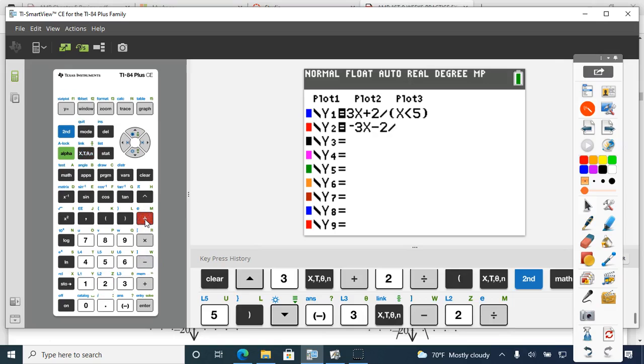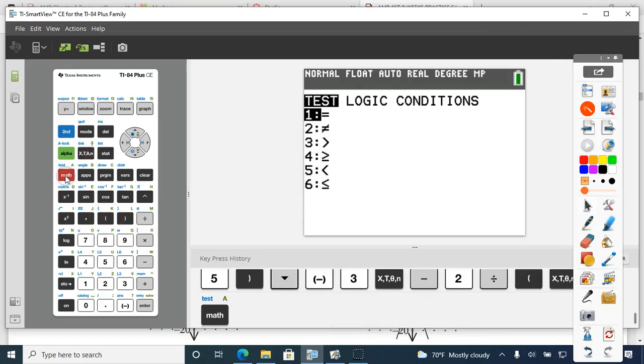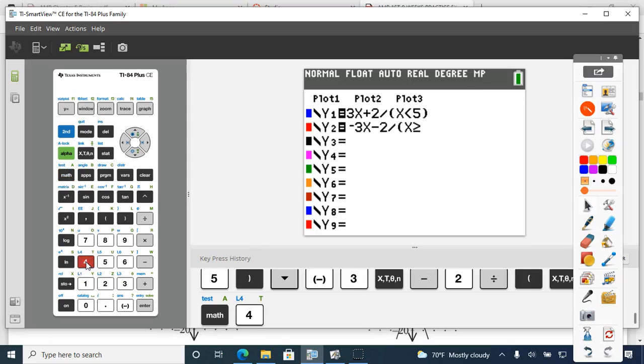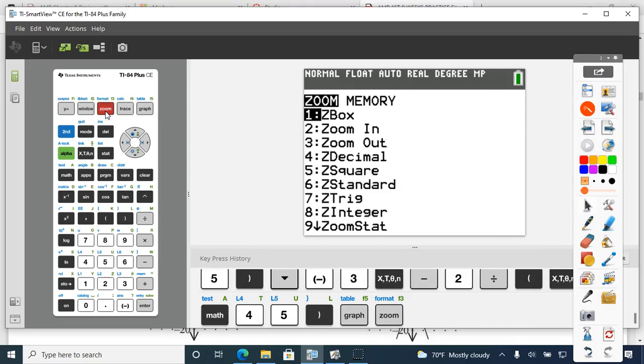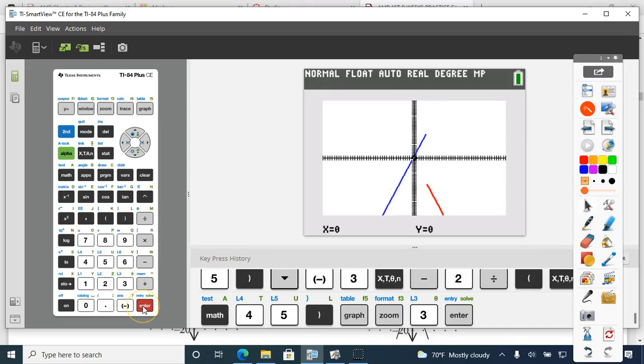Again, put your divide sign, and in parentheses, put x, second math, greater than or equal to, which is number 4. And then hit graph. As you can see, I'm only seeing one line, so on this one I need to zoom out a little bit. So go to zoom and hit number 3 and enter, and there we go. Okay, so that's how it's supposed to look.